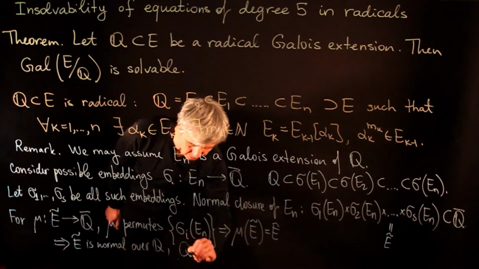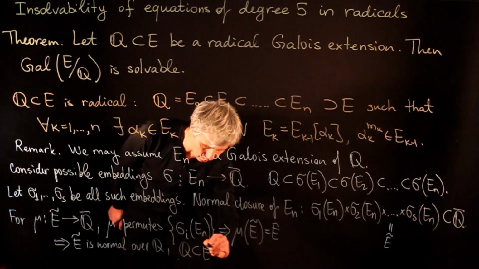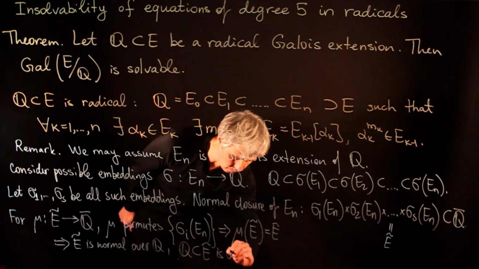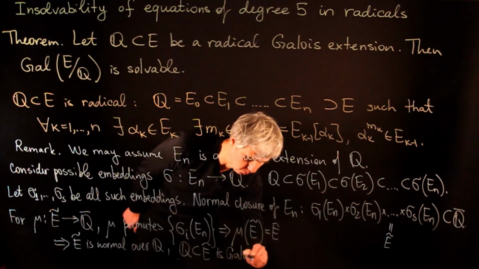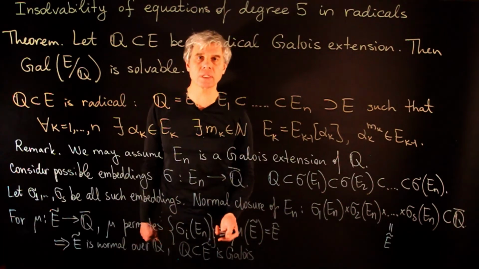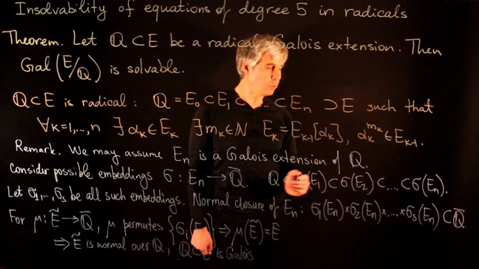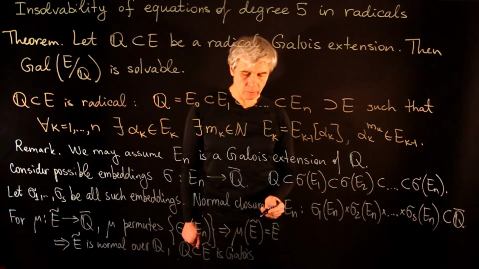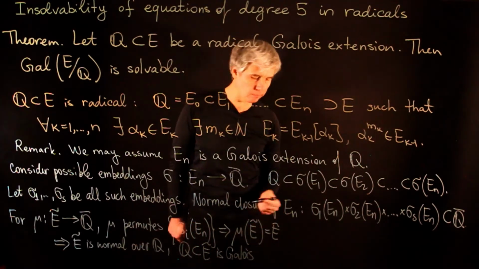So thus this extension is Galois. Here we are in characteristic 0, so every extension is separable. And we can put all these chains together to form one big chain for E tilde.